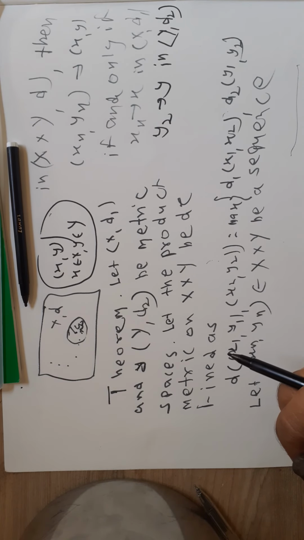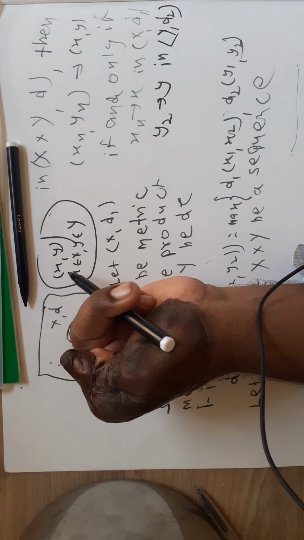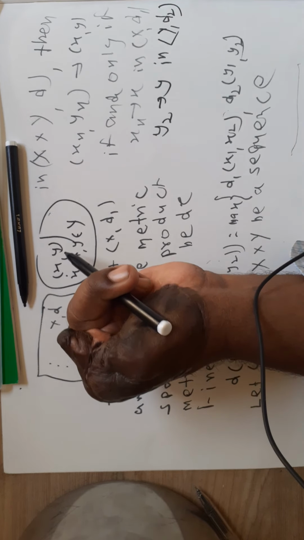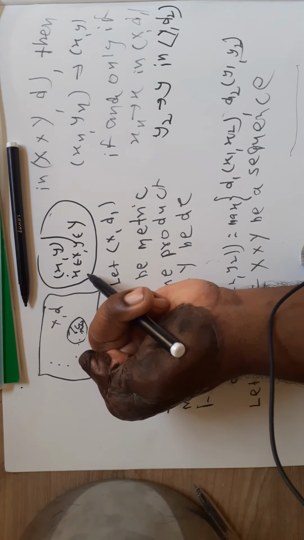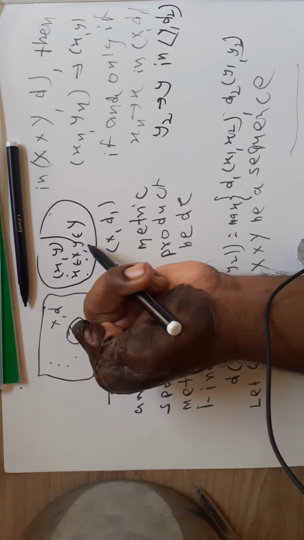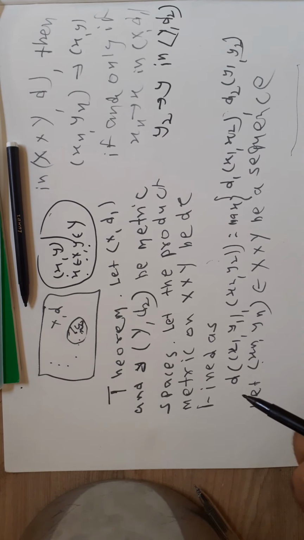Then we know that X cross Y, the Cartesian product of the set X and the set Y, is the set of ordered pairs of the type (x, y), where small x belongs to capital X and small y belongs to capital Y.